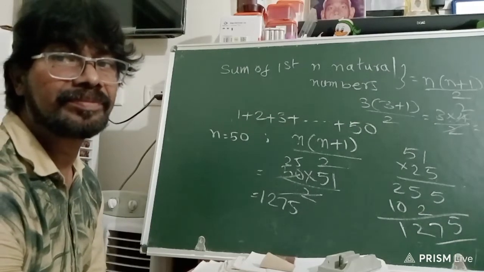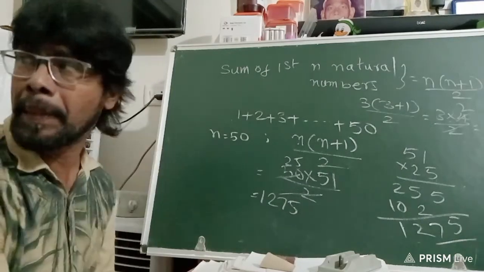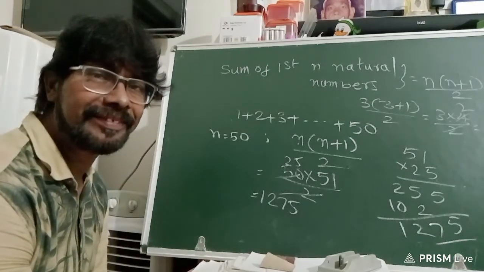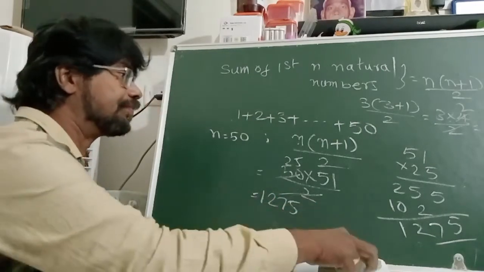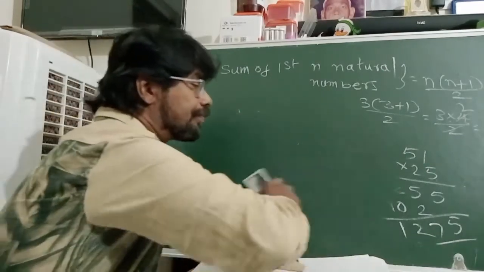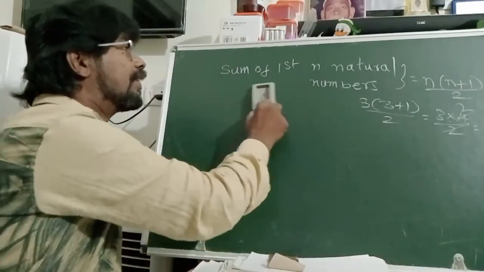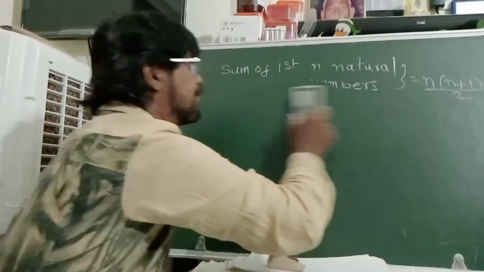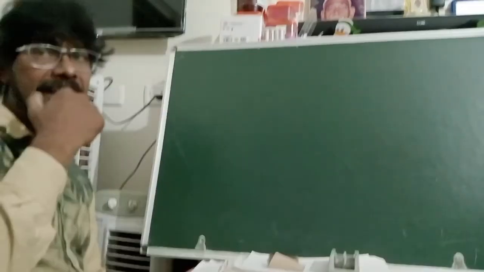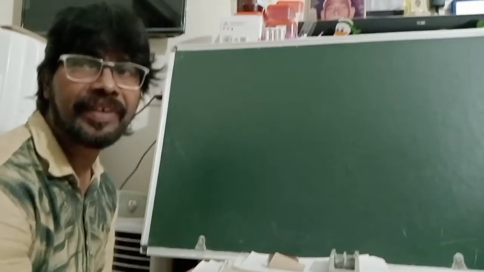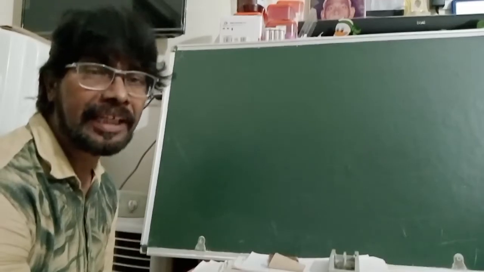If n is the natural number up to which we have to find the sum, its value becomes n into n plus 1 by 2.